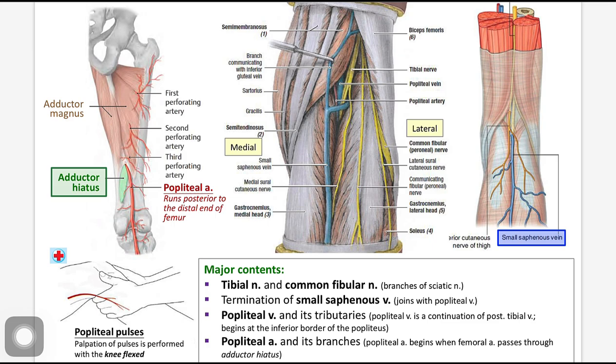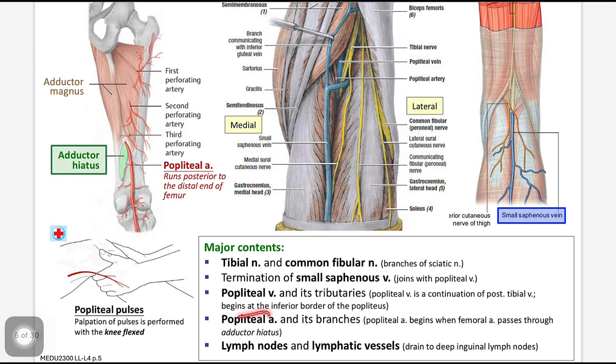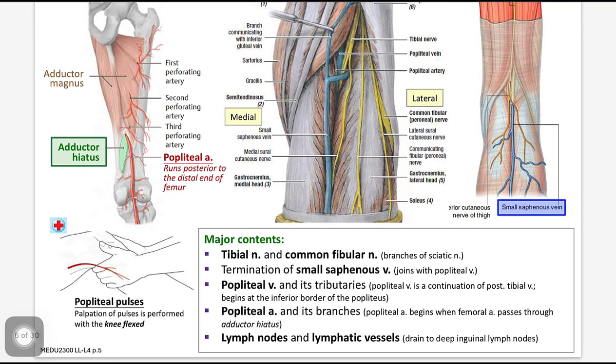And then we also have the popliteal veins and its tributaries, right? And then they drain into the posterior tibial vein, and gradually we get back to the femoral vein. Okay. And also we have the popliteal artery. Remember the zonal differences. Once it passes through the adductor hiatus, it becomes the popliteal artery. Okay. And then we also have the lymph nodes.